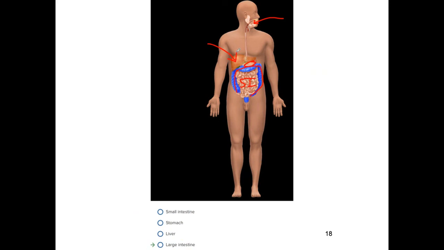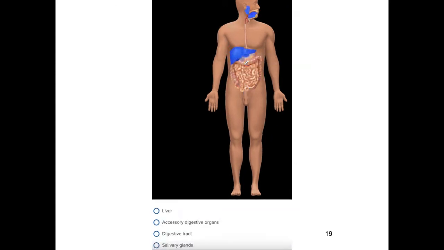The liver is a secondary or accessory organ. And then the pancreas, the liver, the salivary glands, even the gallbladder right there, the G for gallbladder, those are all accessory organs. They are important in the digestive tract, but they're really not part of the tract. They're just secondary accessory organs that are responsible for the breakdown of the food.